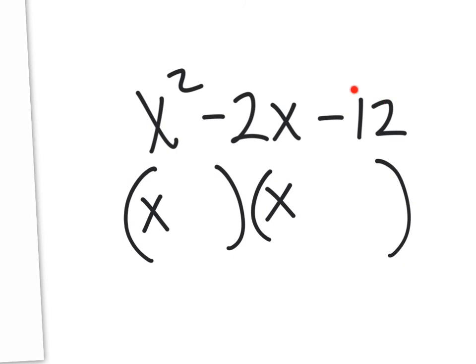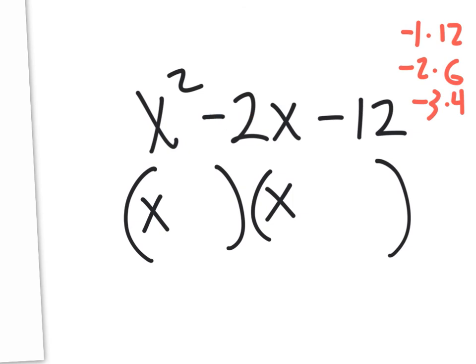Now you might make a list, negative 1 times 12, negative 2 times 6, negative 3 times 4, and then you'll realize that none of these work. If you add these guys, you get 11, not 2. If you add these guys, you get 4, not 2. If you add these guys, you get 1, not negative 2 for that matter. So none of these work.